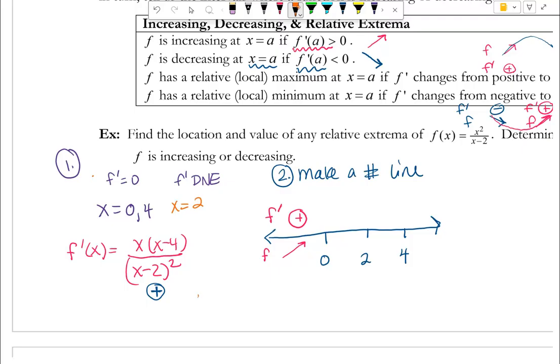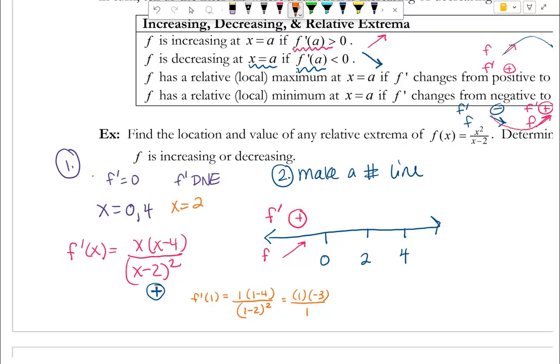So if I find f prime of 1, that is 1 times (1 minus 4) over (1 minus 2) in parentheses squared. So I get 1 times negative 3 over, let's see, negative 1 squared, which is positive 1. So I get a negative 3 here.